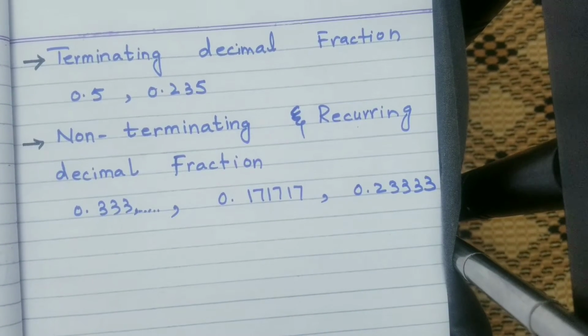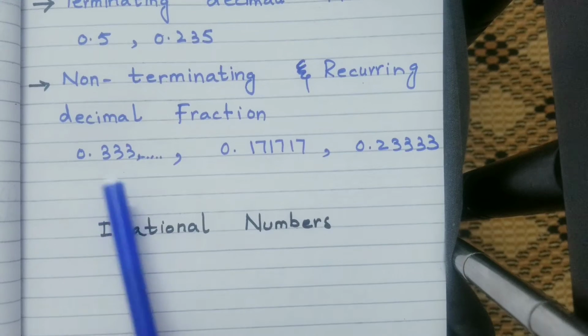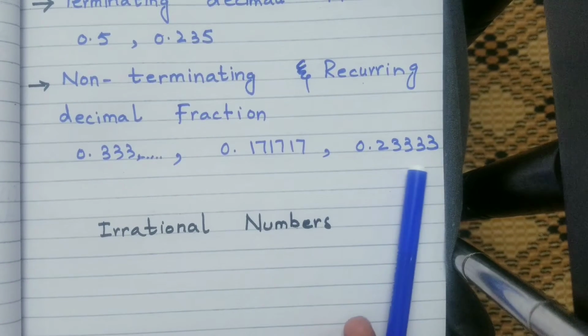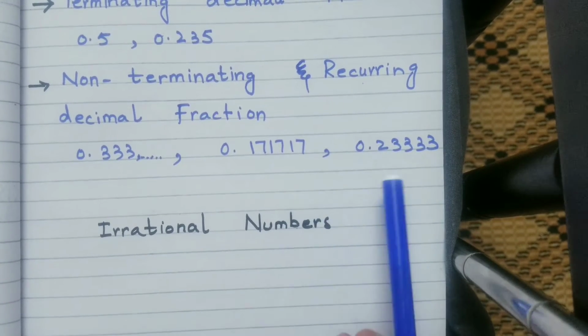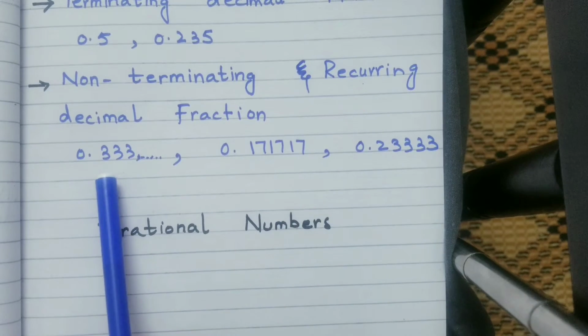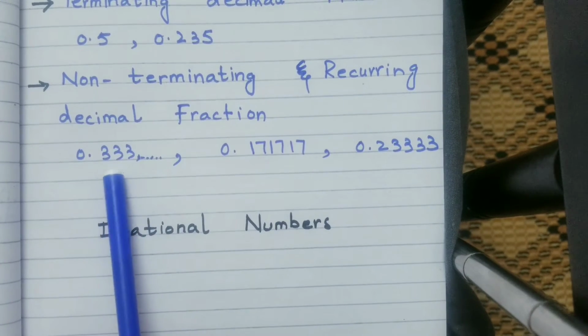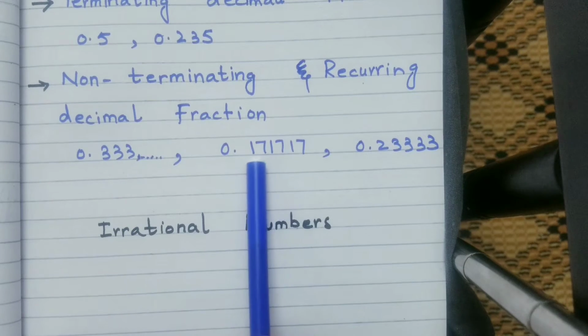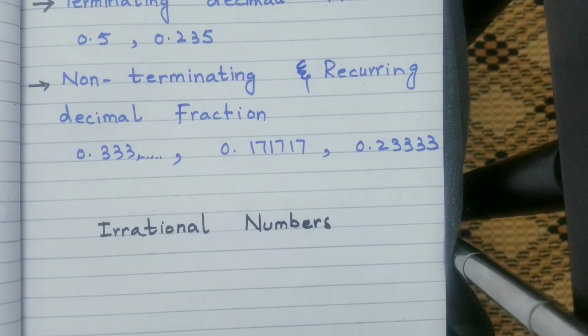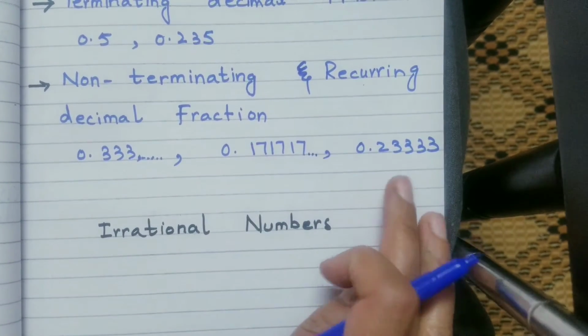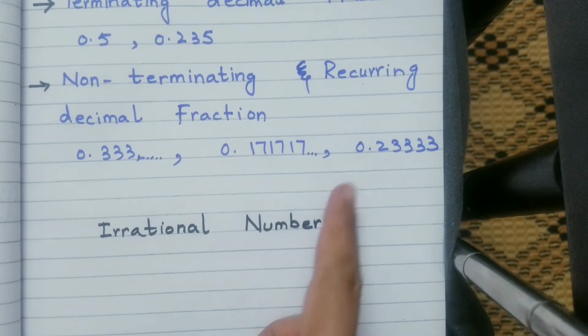So all these numbers are included in the set of rational numbers. Have you noticed that these numbers are recurring decimal fractions because they have some patterns after the decimal point, 17, 17, 17 and so on. And this number also has a pattern after the decimal point.